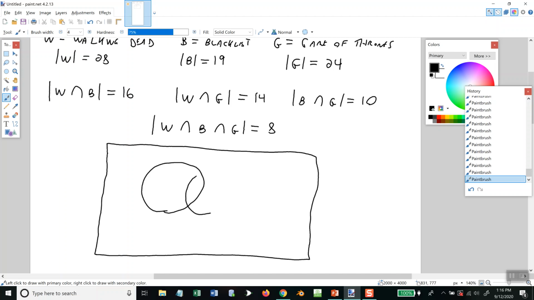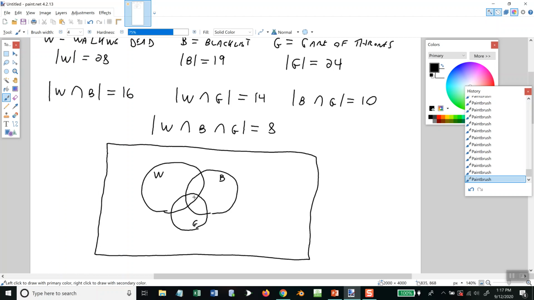I hope I can draw this. Not very good at drawing them. So here would be an intersection of these. This and this would intersect right in here.